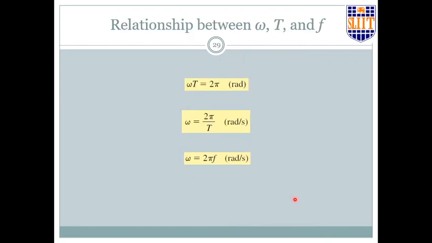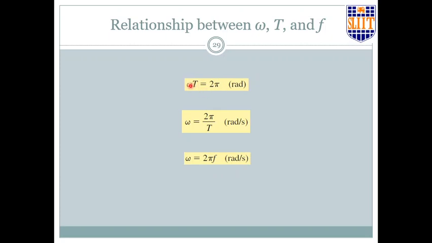So the relationship between omega t and frequency: omega is the angular velocity, that is the angle covered per unit time. If you multiply that by the time for the period, that is equal to 2 pi radians.